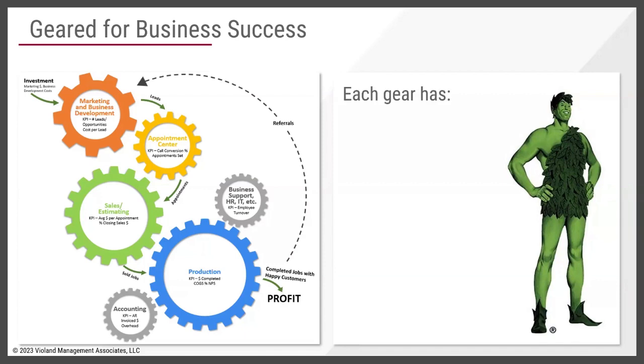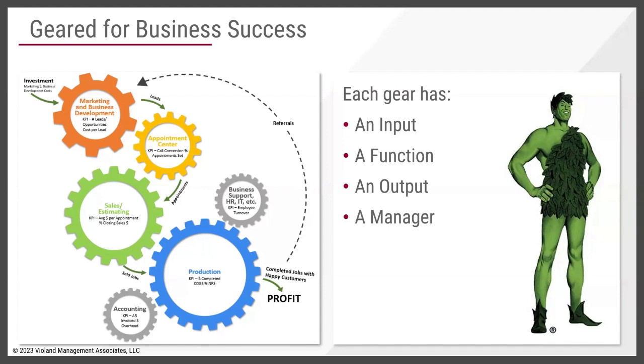Each one of these gears that represents a function in the business has an input, a function, an output, a manager, and KPIs. Let's go through and talk about how each of these gears work.